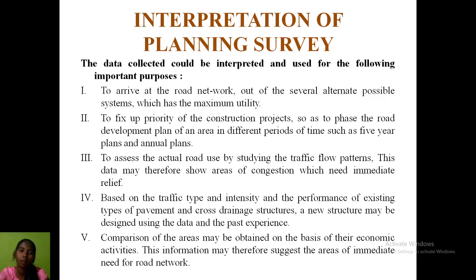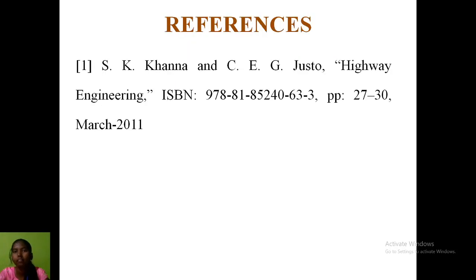And the last one is comparison of the areas, which may be obtained on the basis of their economic activities, or suggest the area of immediate need for a road network. This data is important to the interpretation of planning survey.